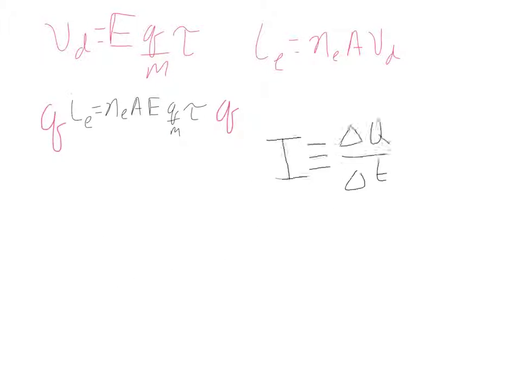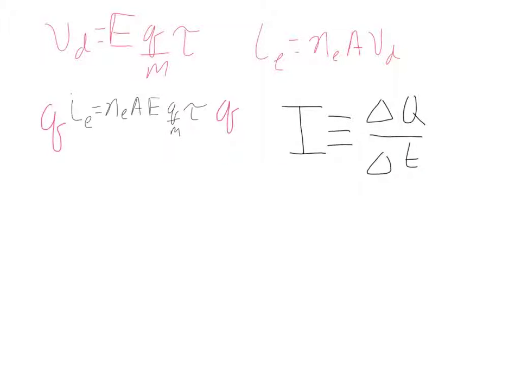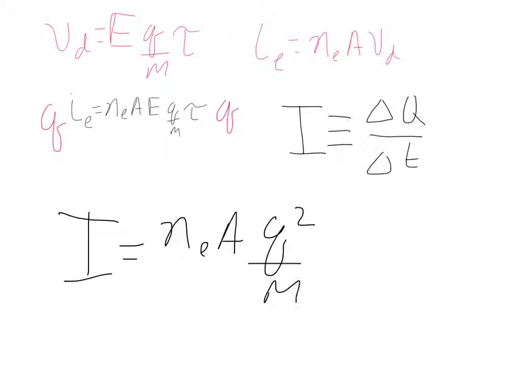And that rate of charge, in terms of electrons, is going to be I equals N sub E A Q squared over M times E and tau.